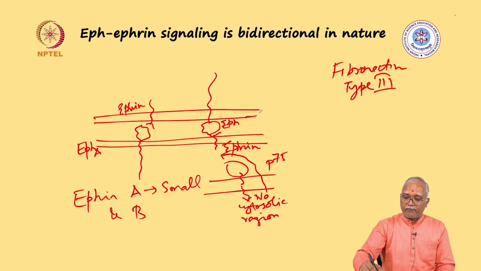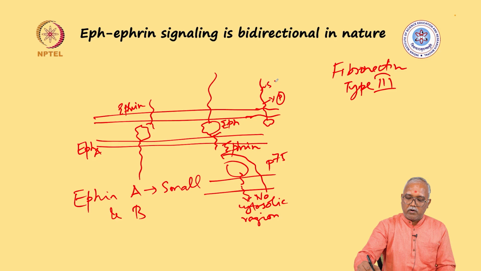On the other hand, the Ephrin B type receptor, if I take the example of Ephrin B type receptor, they have an intracellular domain where they can be phosphorylated on tyrosine residue or serine residue.